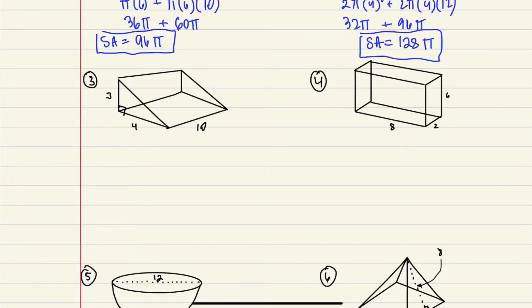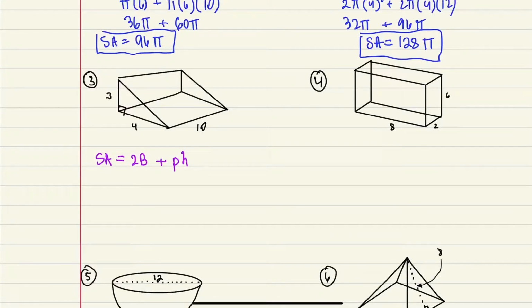So the formula for this particular one is going to be surface area equals 2 times the area of the bases, which is the triangle, plus the perimeter of the base times the height.